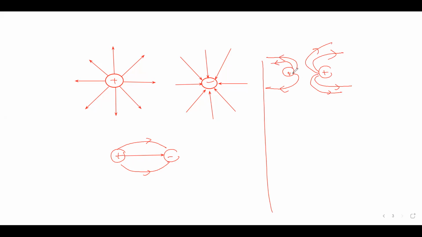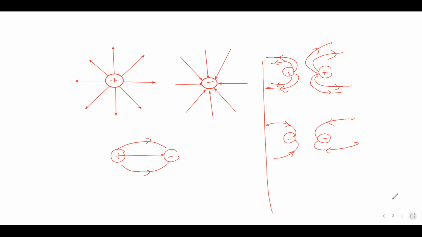Be careful that the field lines never intersect. This is repulsion. If it is negative with negative, it will also be repulsion, with the same shape, but the head of the arrow will be reversed, directed to the negative sign.